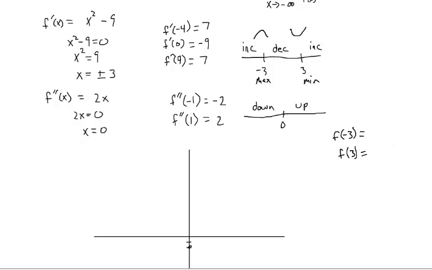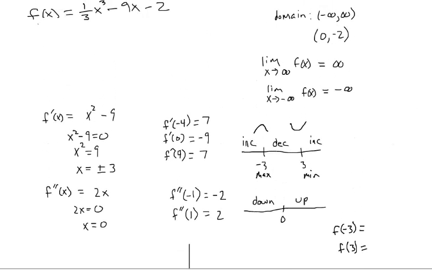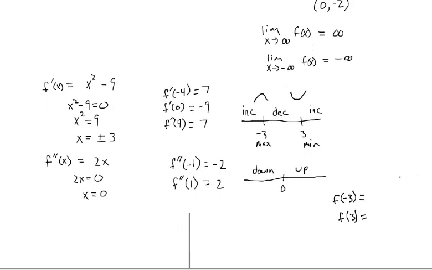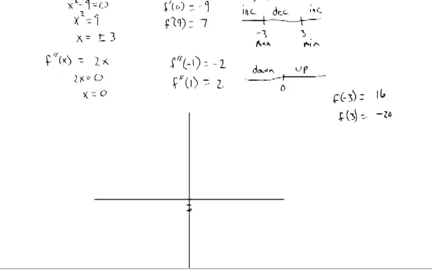And when we put negative 3 into our function, 1/3 x cubed minus 9x minus 2, we get 16. And when we put 3 in there, we get negative 20. So those 2 points are points on our graph as well.